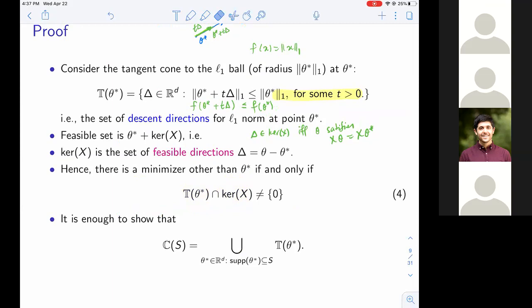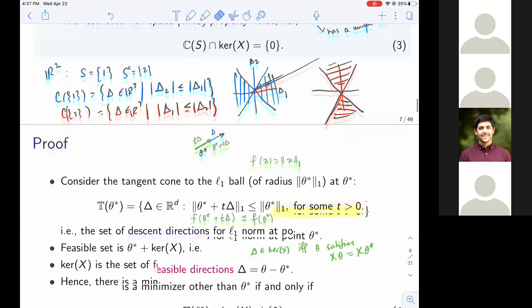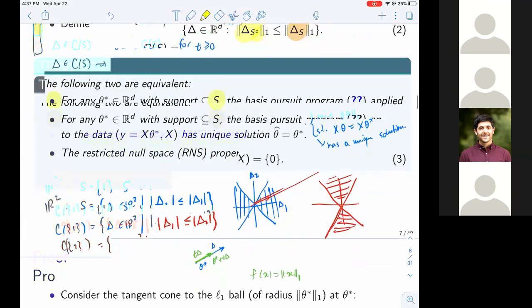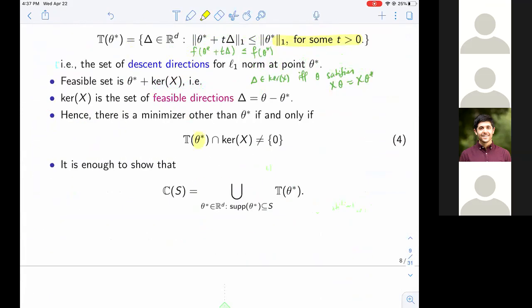Okay, so now what can I do? This statement is actually not equivalent, because the first statement is saying that this should hold for any theta star supported in S, okay? Whereas the statement that I have there is for a particular theta star.